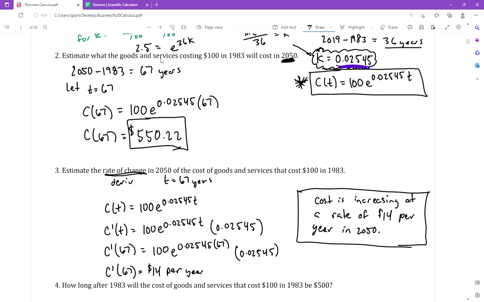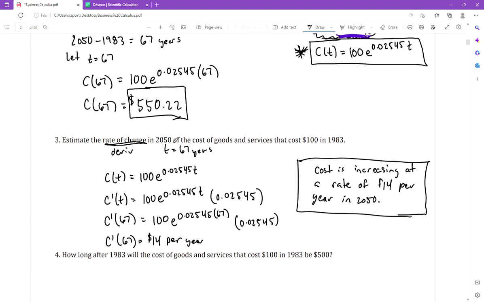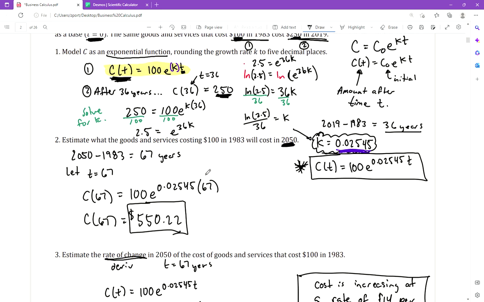Let's box that one up, because they often like us to know what the derivative value means in words like that. Okay, so this one's making us do a lot of little work with it, but again, it's always back to the main equation once we get it.